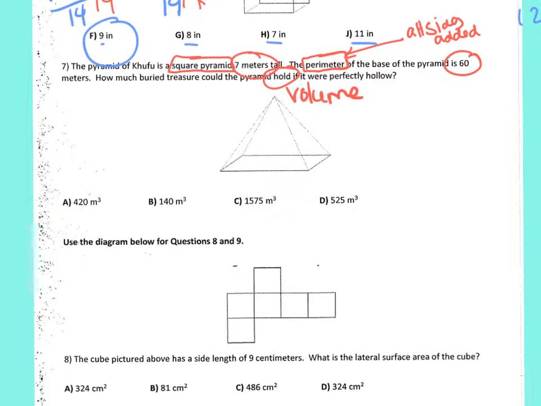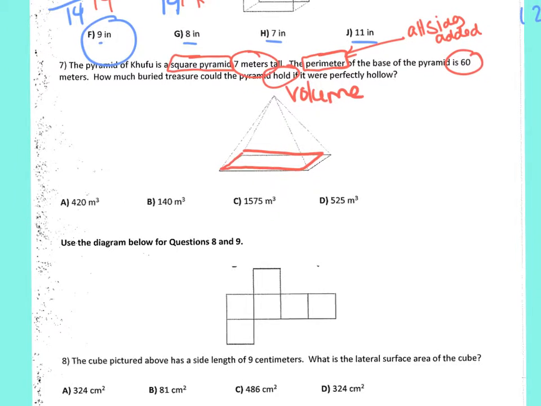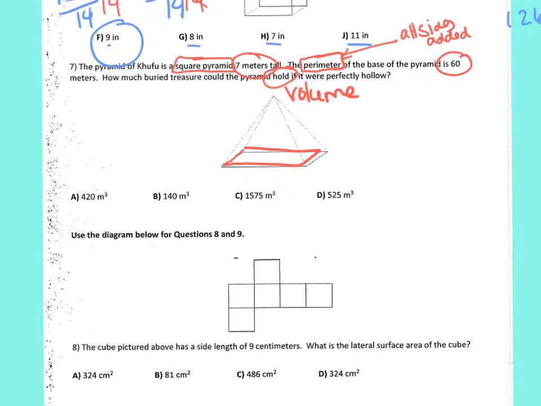Okay. So your base of the pyramid is what shape? It's a square. So they said they found the perimeter of that base. So they added this side plus this plus this plus this, and they got 60. So how do you figure out what each of those 4 sides were? 60 divided by 4 is 15.